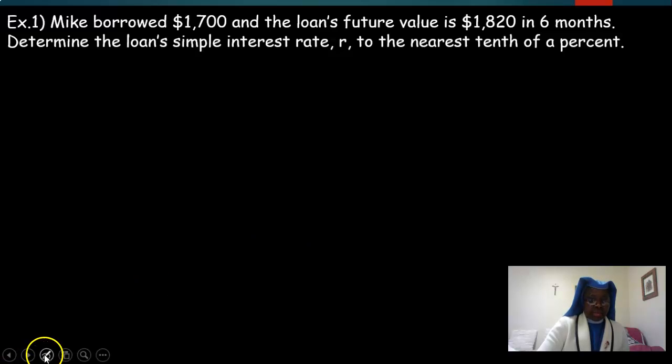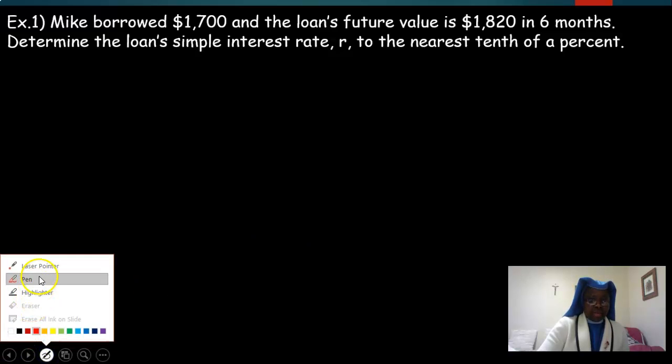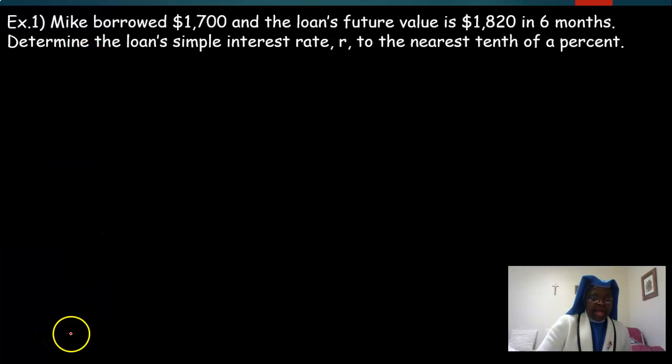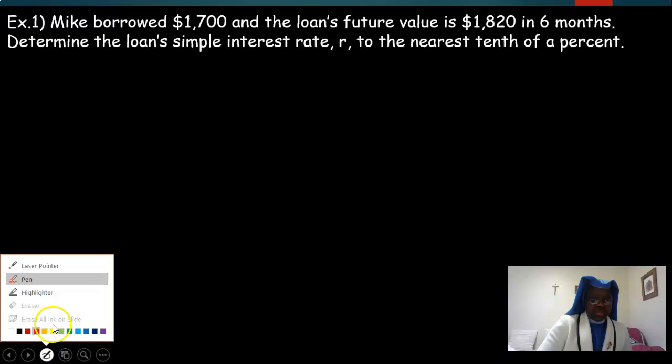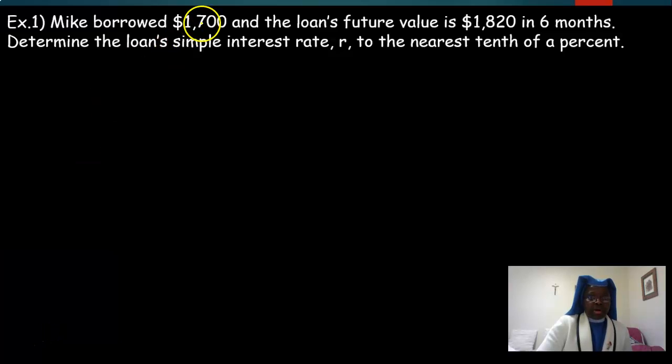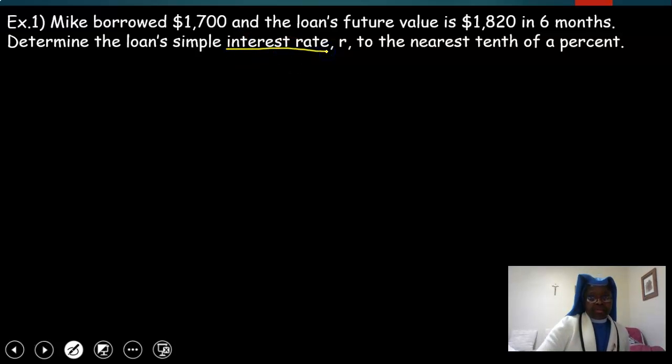All right, let's do an example. Mike borrowed 1,700 on a loan, and the future value is going to be 1820 in 6 months. Determine the loan's simple interest rate. So we are looking for the interest rate.